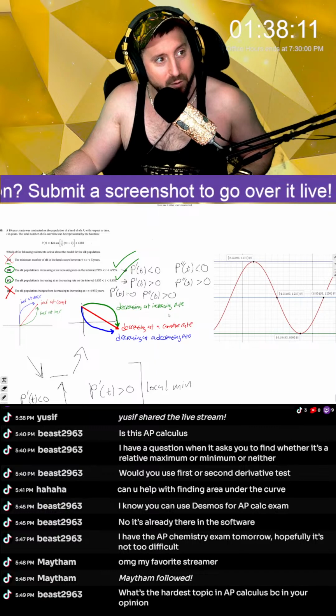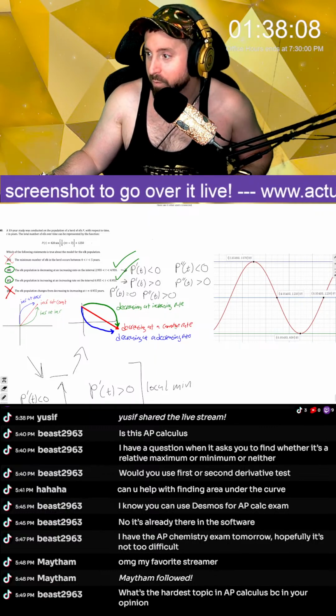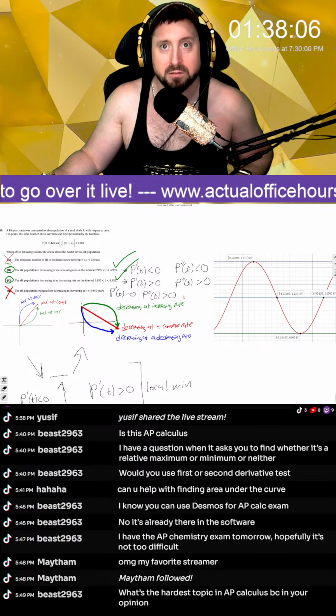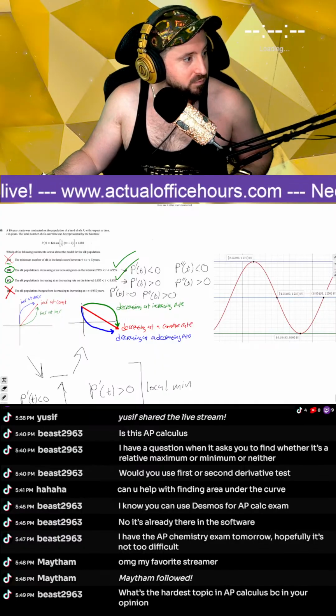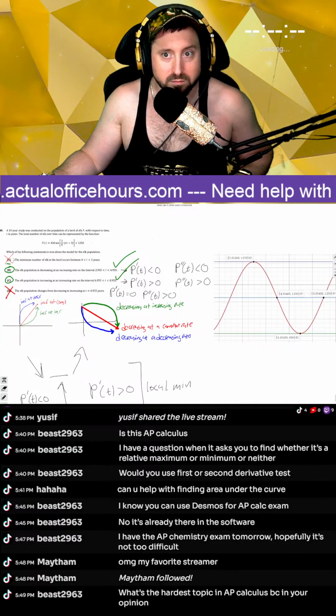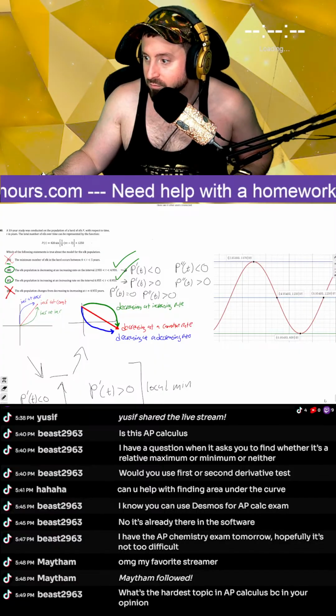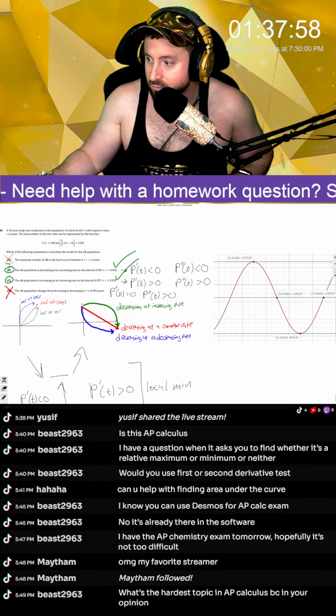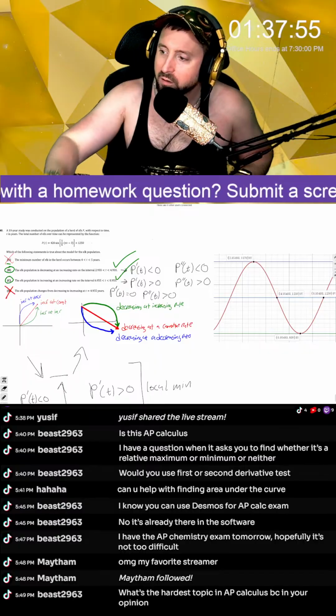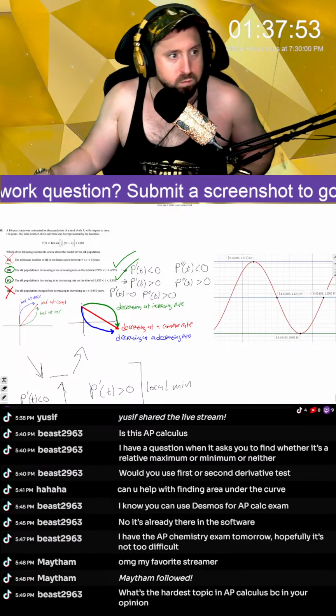So does that make sense, Equity? Why it's choice B and choice C? Do we explain it adequately? That actually starts increasing. Cool.